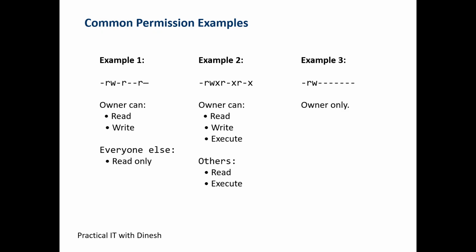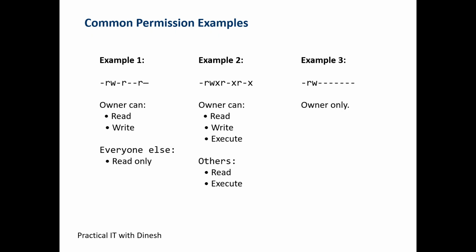These are common permission examples. In example 1, the owner can read and modify the file. Everyone else can only read it. In example 2, this is common for scripts and executable programs.